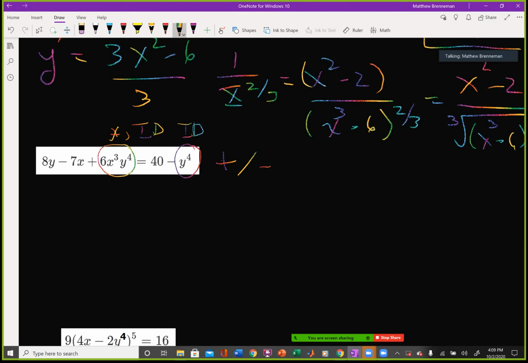So this is what I'm referring to when I say you want to look down the road. You want to have a strategy. First, you're going to take the derivative of each term. This term is first going to be a product, and in the course of doing the product, you're going to have to use implicit differentiation. And that term is going to be implicit differentiation. If you can see that, you know how to do the problem. You don't even have to work it. So let's go ahead and go into the details though.